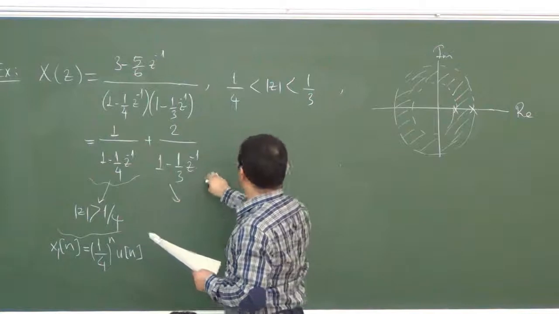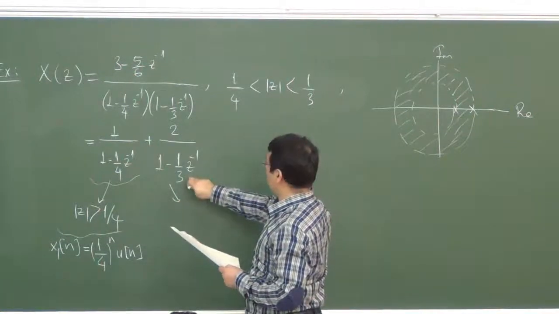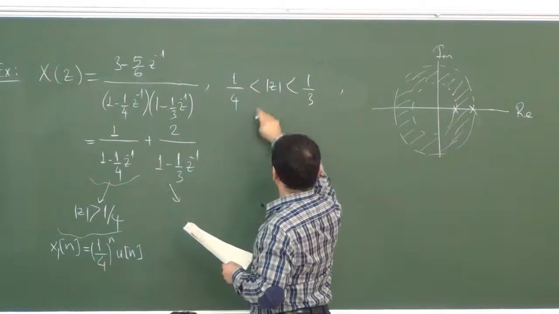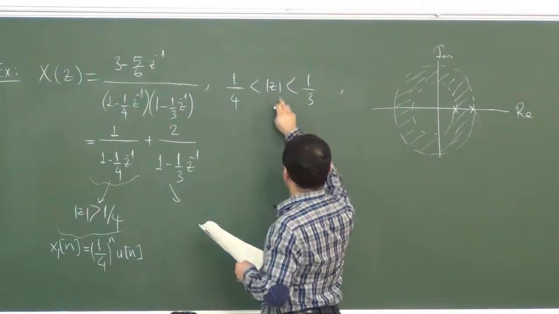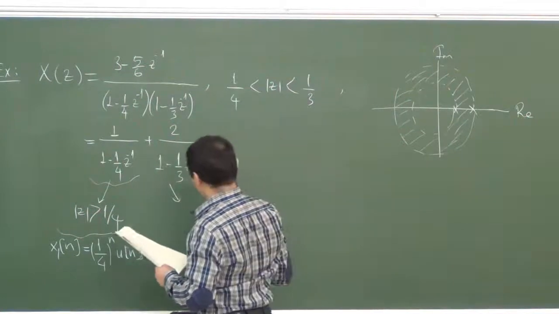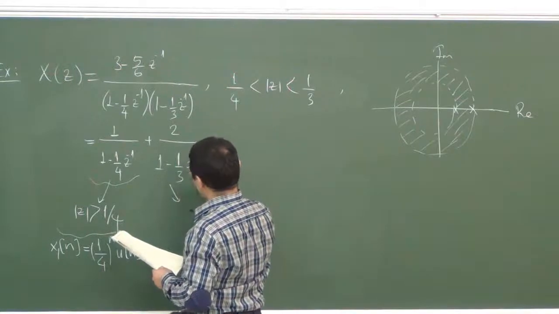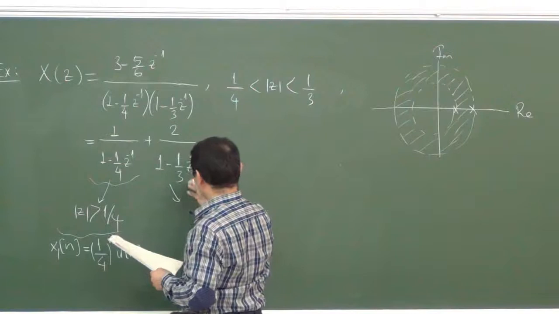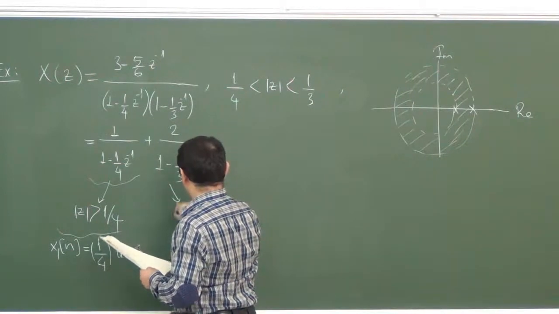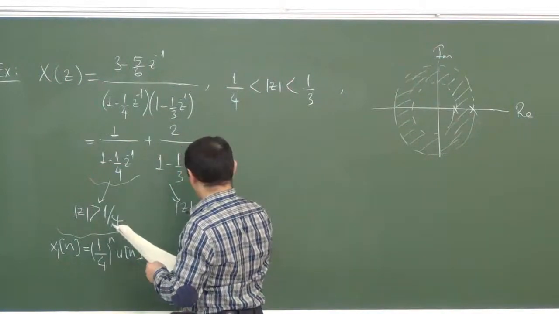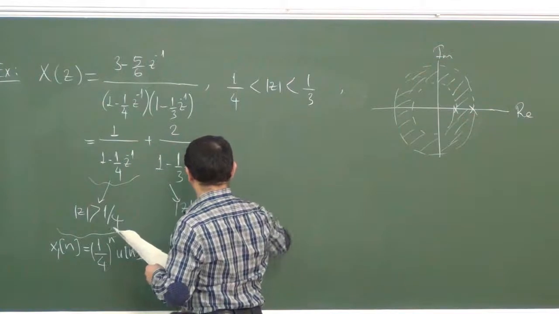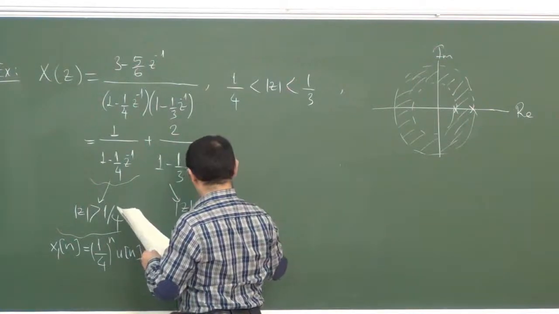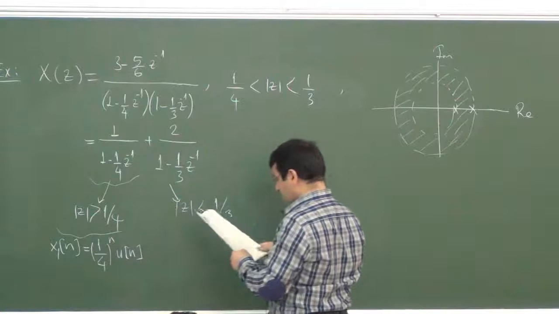So what about this part? In this case, there is a pole at 1 over 3, and your region of convergence tells that the absolute z is less than 1 over 3. So this part is left-sided, okay? So how can you find the inverse transform of this part? So this is 1 over 3.